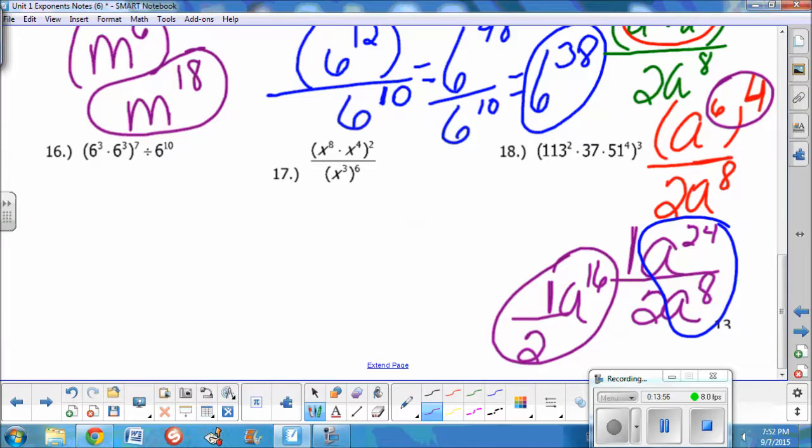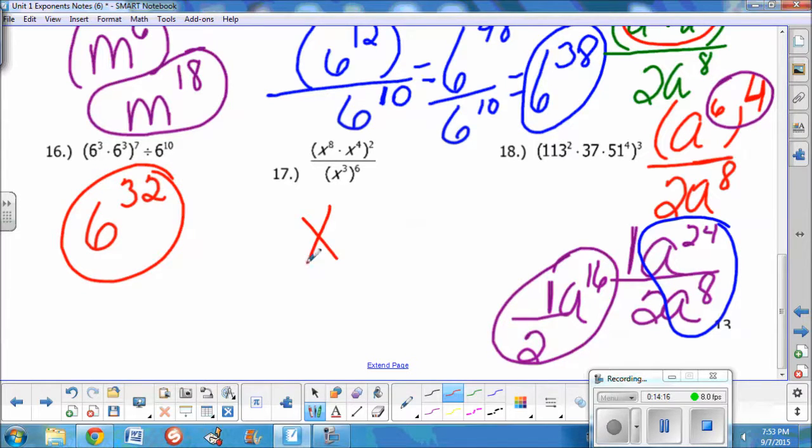Okay, I'm going to put up the answers for 16, 17, and 18. If you want to pause the tape, you absolutely can do that and work through those. So 16 is 6 to the 32nd. And please ask me questions in class if you don't understand where I got these answers from. X to the 6th.